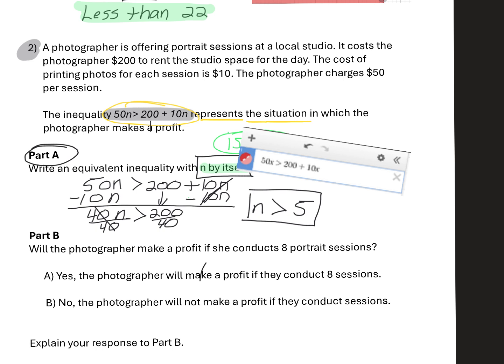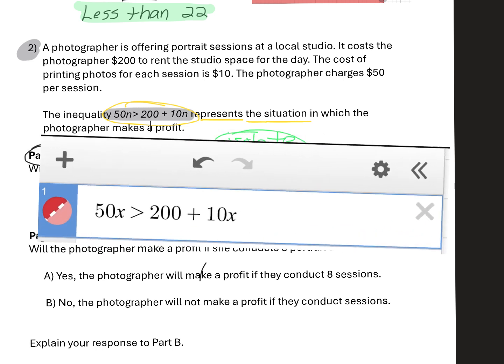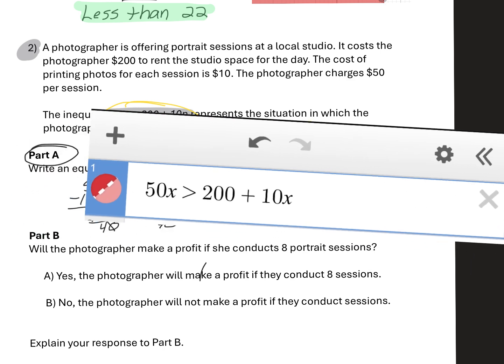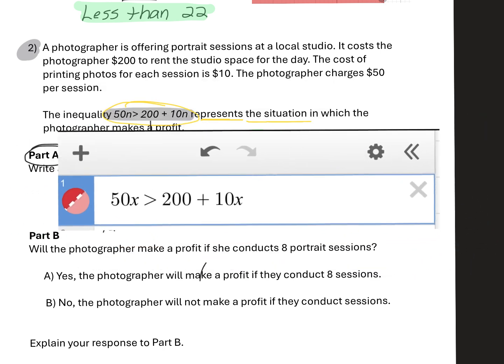If you're having a hard time with the steps for solving, that's okay, because you could also type it into the Desmos calculator, but make sure that instead of an n, you change it to x's, because the Desmos calculator does not understand n.